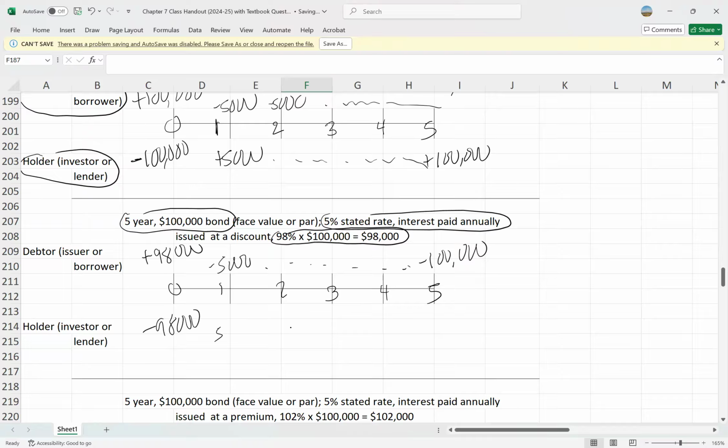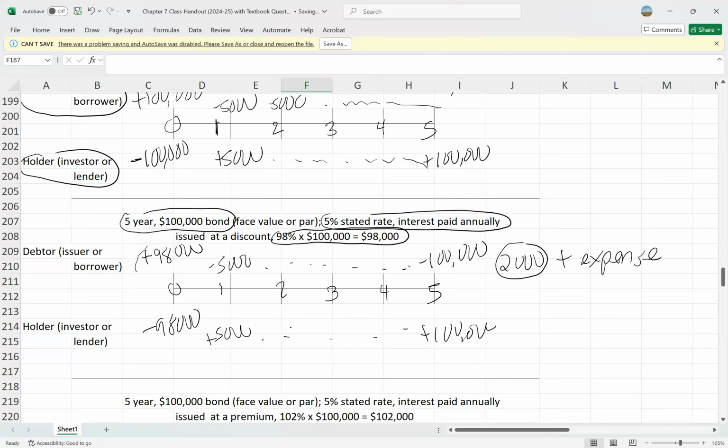They're going to get the 5,000 interest every year, but at maturity they're going to get back 100,000. So when we have a discount, this 2,000 difference basically is additional interest expense for the debtor or the borrower.